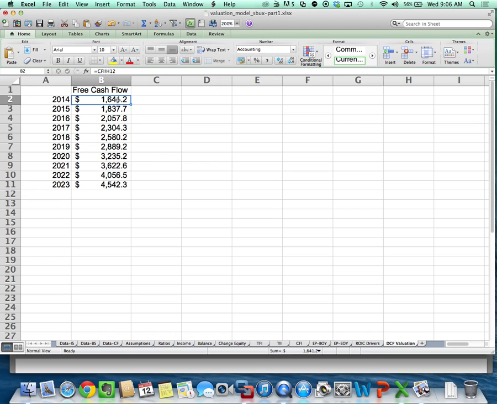Okay, so again, now you'll notice that we actually had a forecast for 2024, but I'm not using it. And the reason I'm not using it is because 2024 is going to be the first year of our continuing value period.